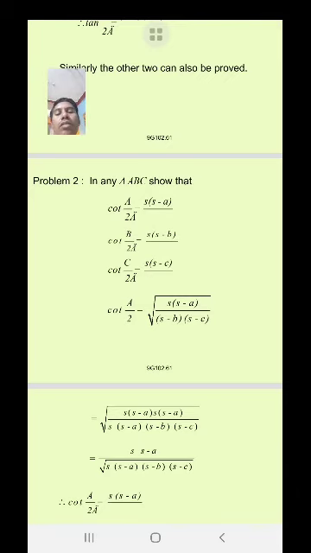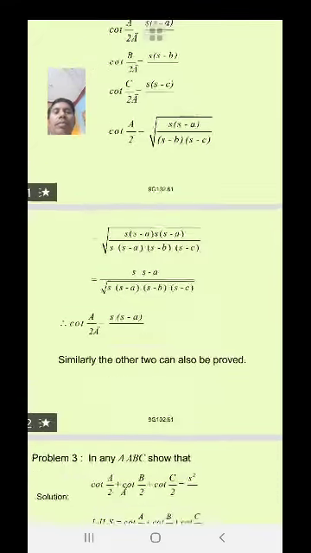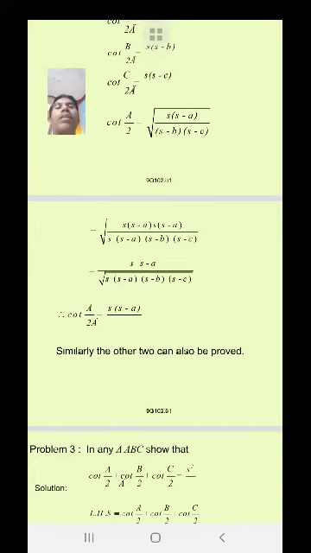See the proof, how we show. Cot A by 2 equals under root of s into s minus a by s minus b into s minus c. In the numerator and denominator, we are multiplying with s into s minus a. So we get in the numerator s into s minus a twice, and in the denominator s into s minus a into s minus b into s minus c.